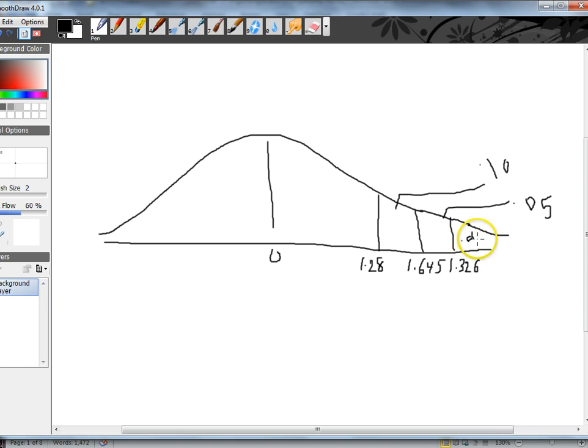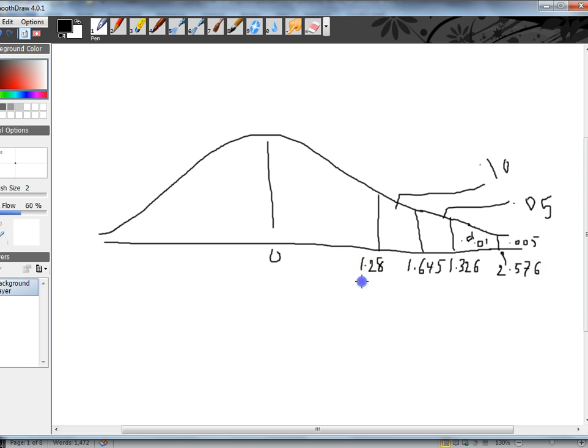Where the area here is 0.01, this is 2.326, and where this area here is 0.005, 0.5%, this number here is 2.576.